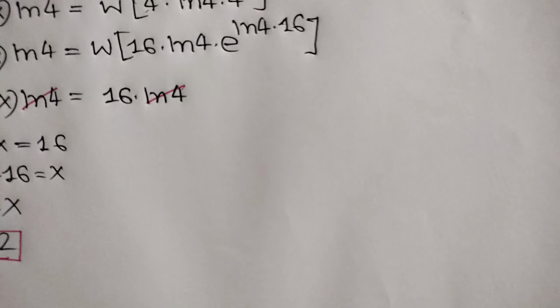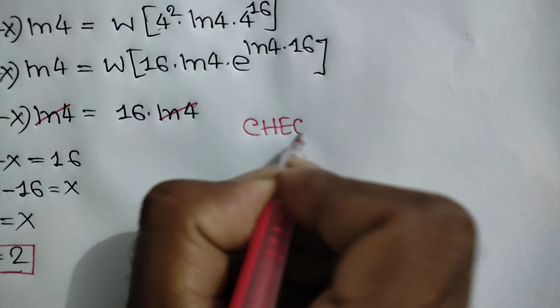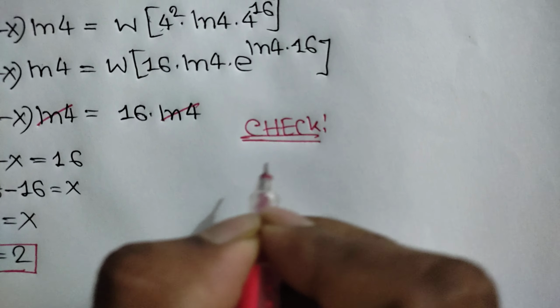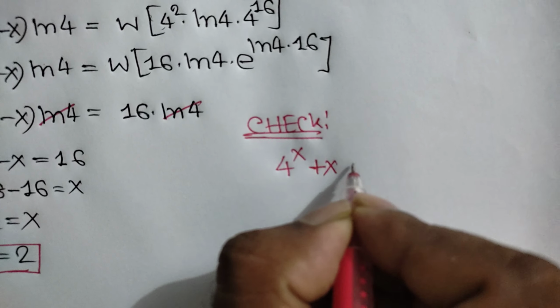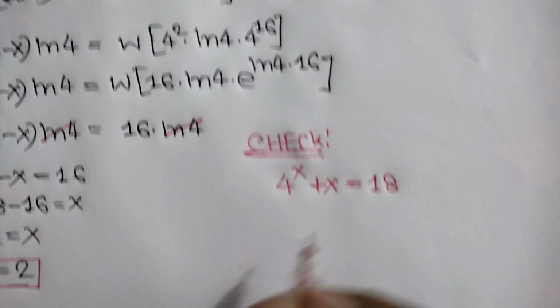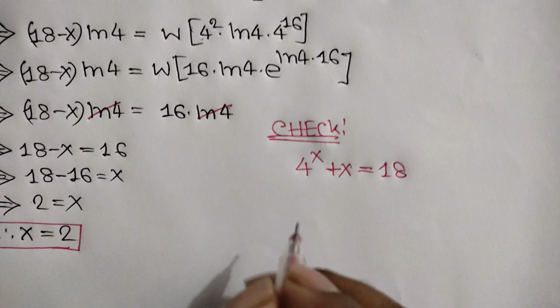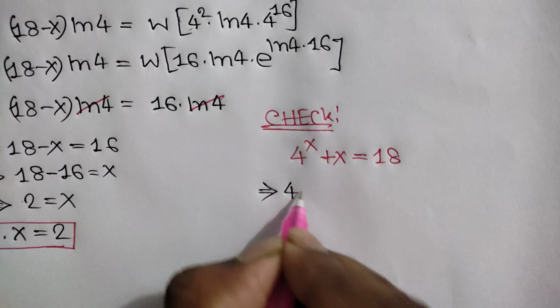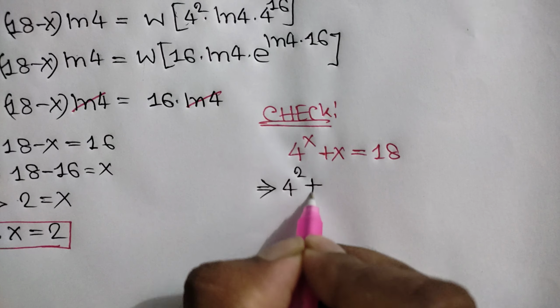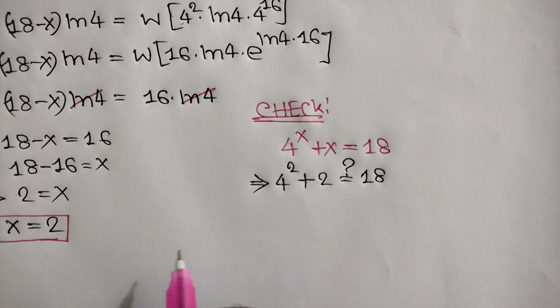Now check. Our question has given 4 to the power x plus x is equal to 18. Here x is equal to 2, so we can write 4 to the power 2 plus 2 is equal to 18.